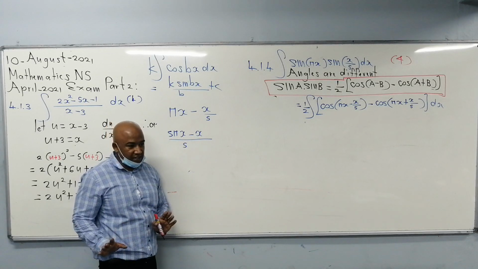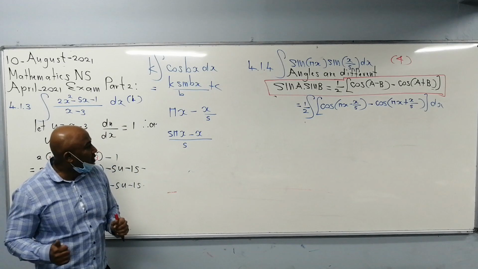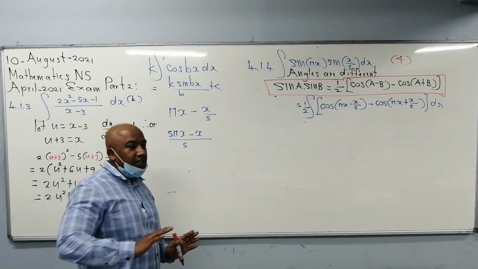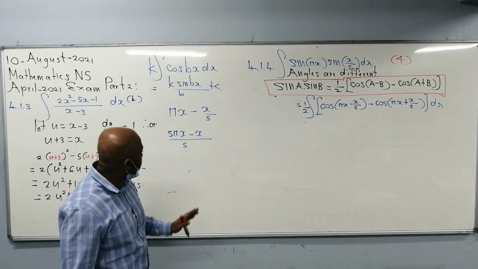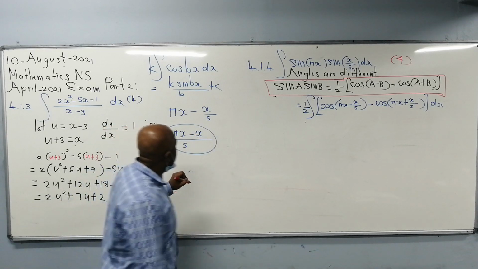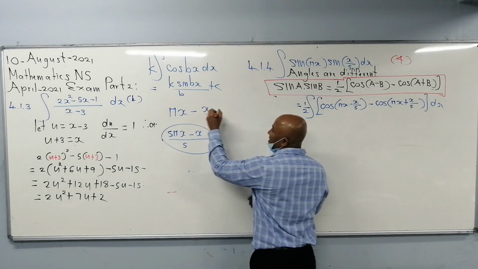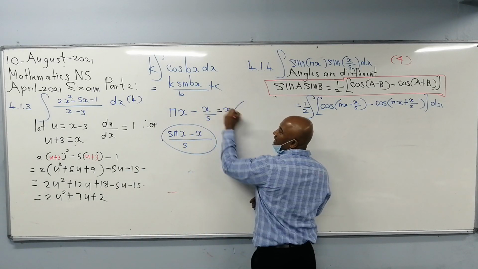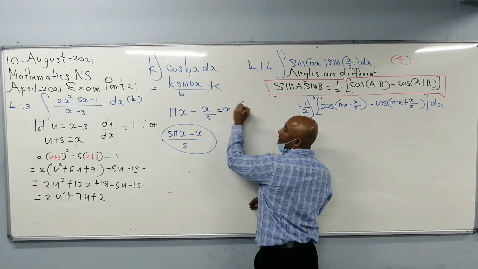You can use your calculator. Nothing is stopping you from using your calculator, but let's look at a way that we're going to avoid using the calculator. So instead of doing this here, all I have to do is take out x as a common factor. If I take out x as a common factor, I'm left with pi minus 1 over 5.